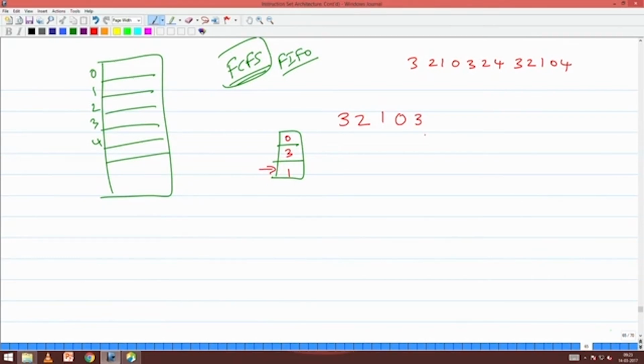So all these have been page faults. Now again 2 comes, who gets replaced? 1 gets replaced, right? Now 4 comes, who gets replaced? 0 gets replaced.